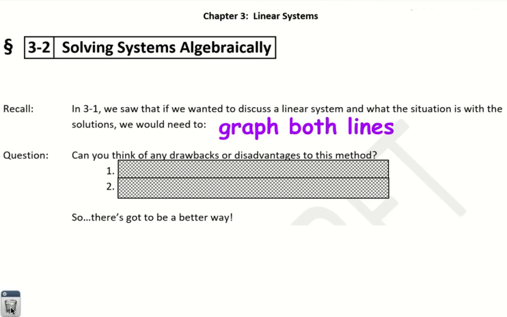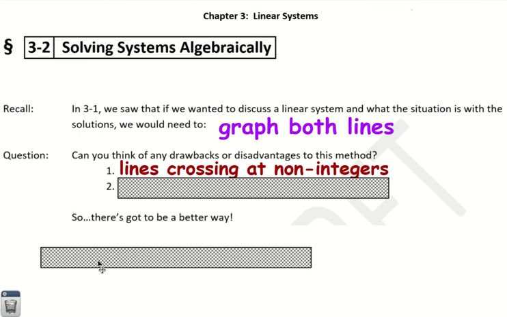If you're at home because you missed class, you probably don't realize that in class just before this we did an activity that flushed out at least one of these reasons, and investigated why the graphing method could sometimes be unreliable. So can you think of any drawbacks?